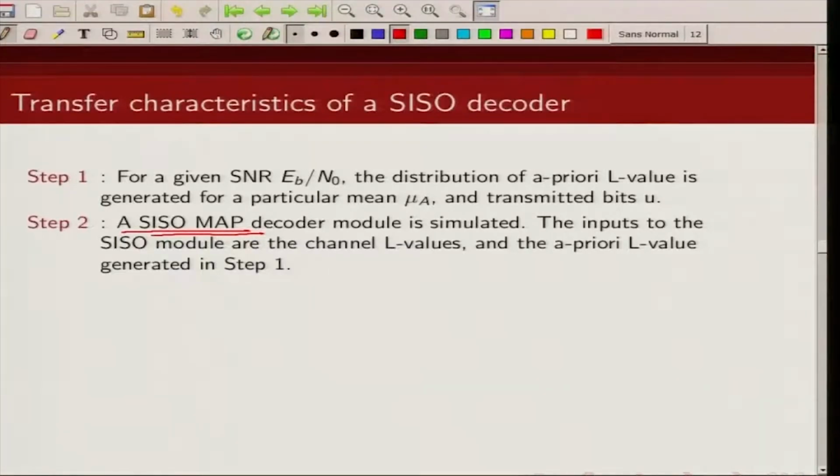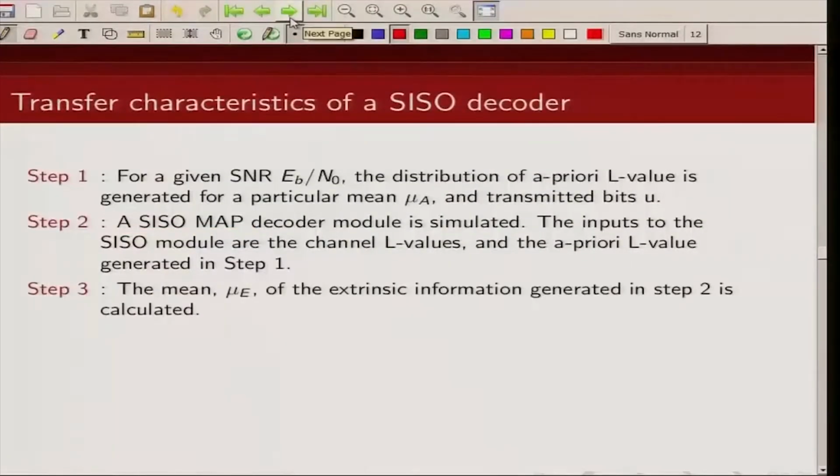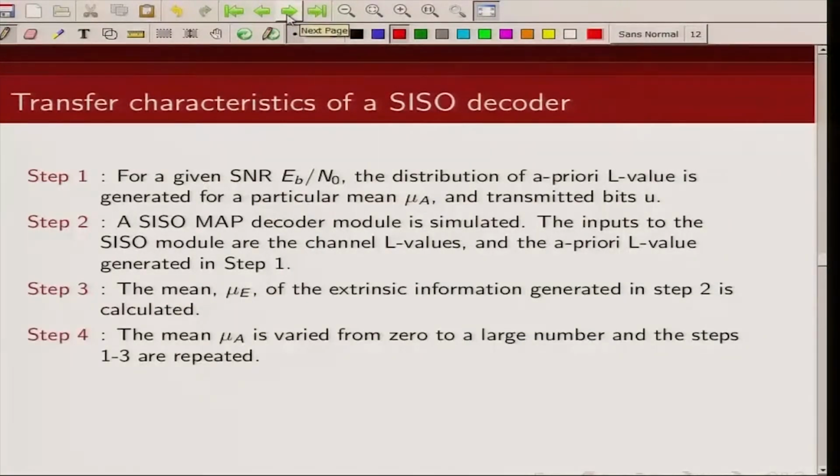We feed these two inputs to the decoder, and what comes out as output are the extrinsic values, and we compute the mean of the extrinsic values. Now, because we are making a Gaussian assumption, the signal to noise ratio is related to the mean.